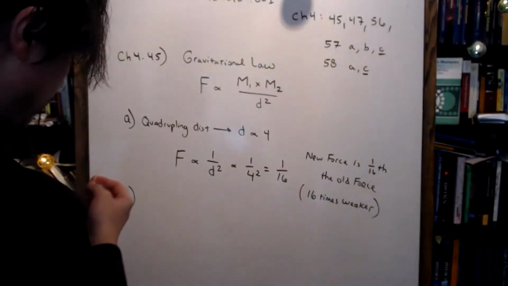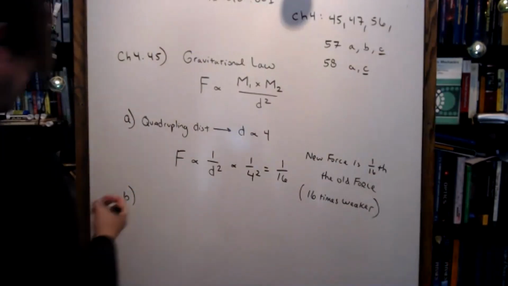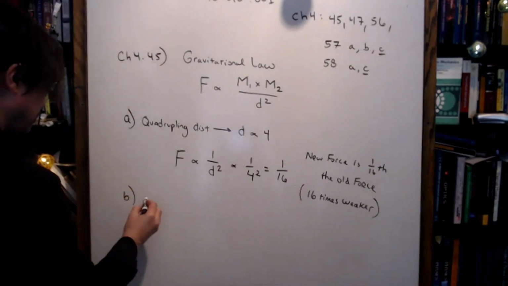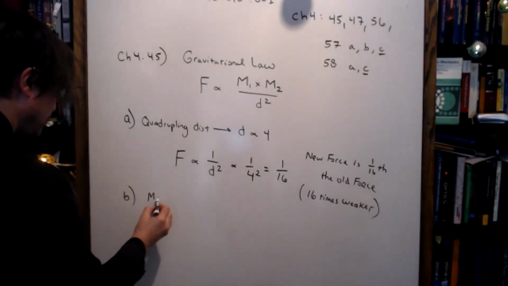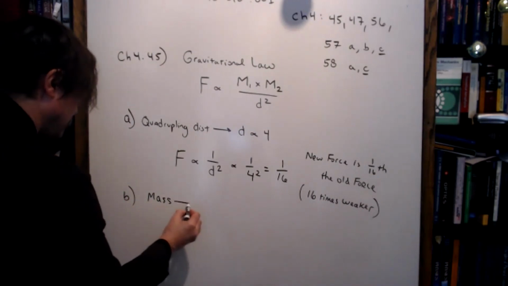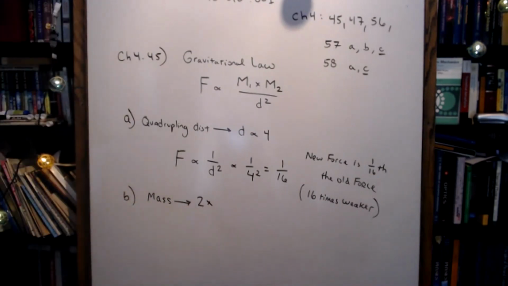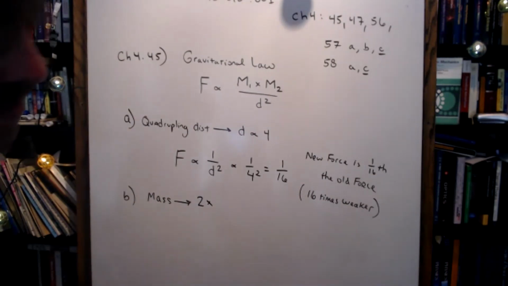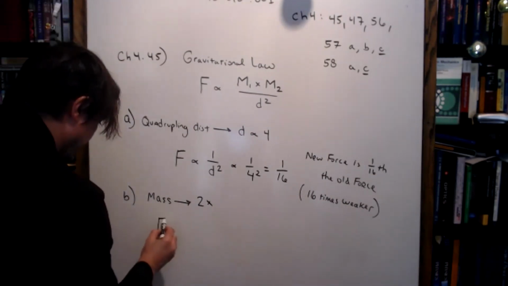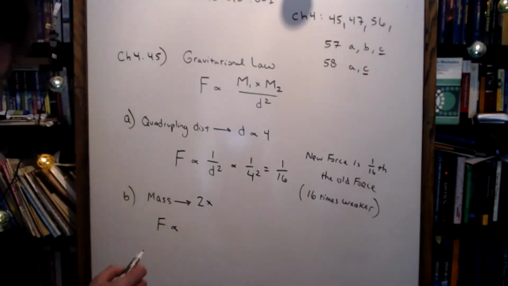Suppose the sun were somehow replaced by a star with twice as much mass. What would happen to the gravitational force between Earth and Sun? How would I write my proportionality symbol here? Force is proportional to what?